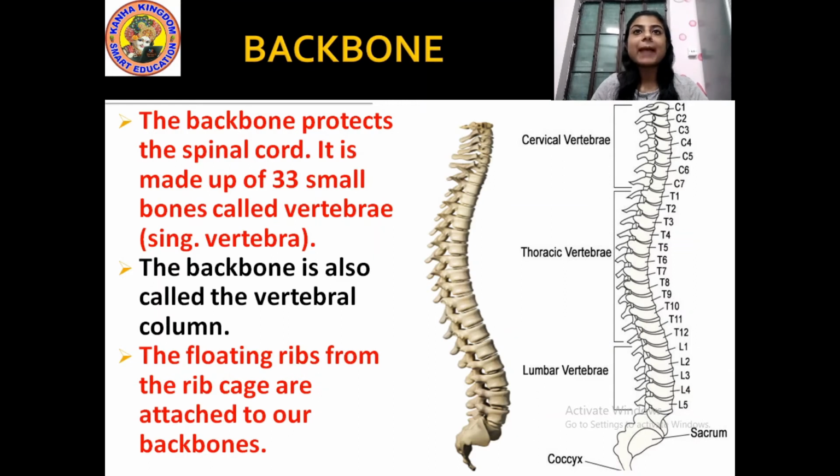The backbone protects the spinal cord, the spinal cord that is present at the back of your neck. It is made up of 33 small bones called vertebrae. In singular form, you call it vertebra, and when it is many bones, you name it vertebrae.